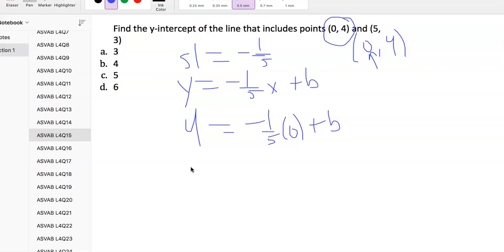Then if we pull that down a little further, 4 equals 0 plus b, or 4 equals b, and then finally we have our answer right there.